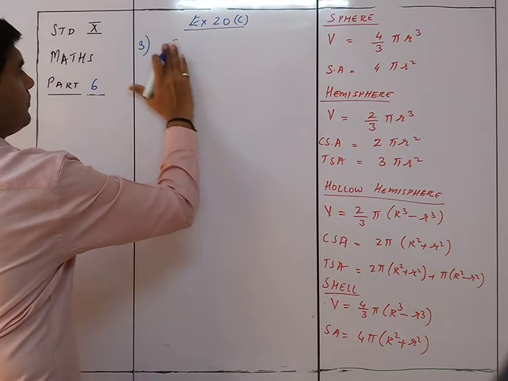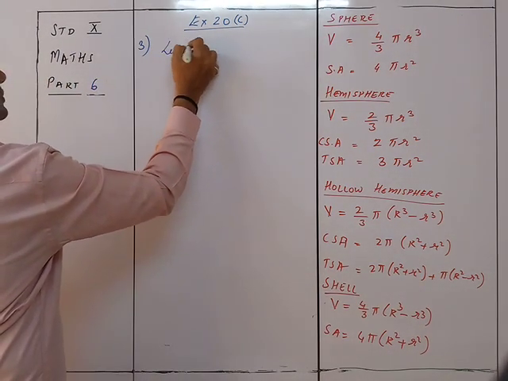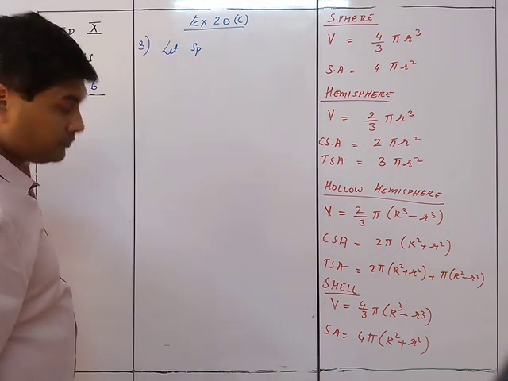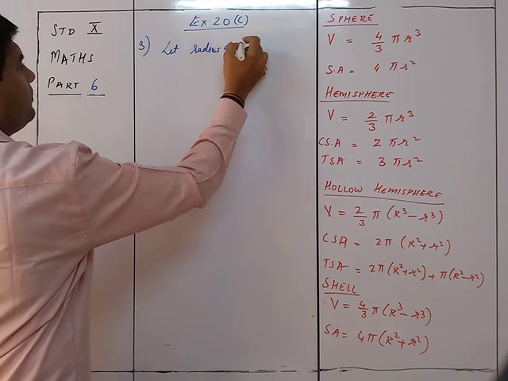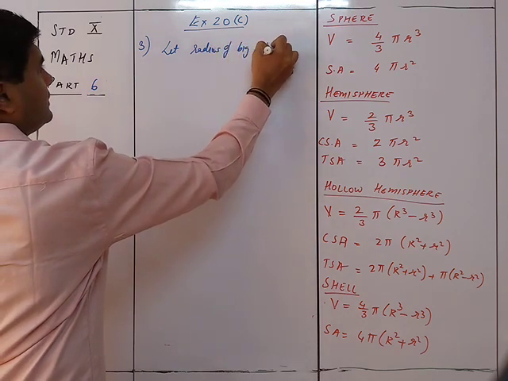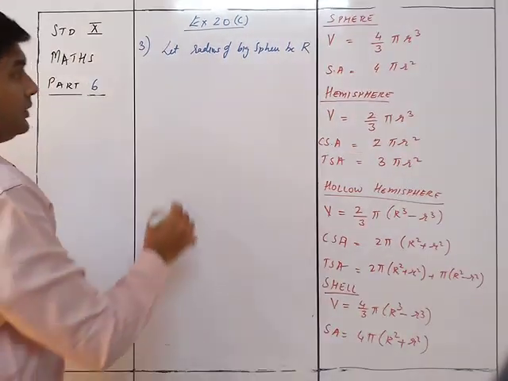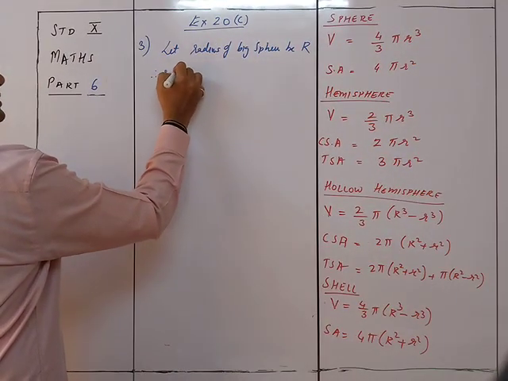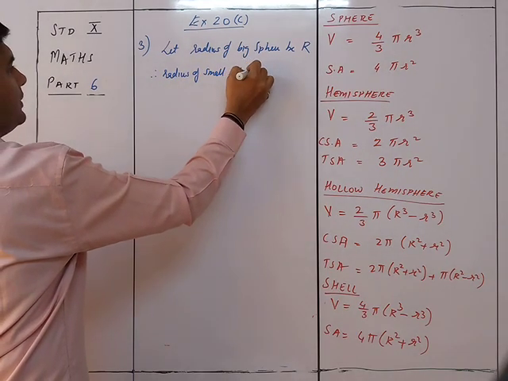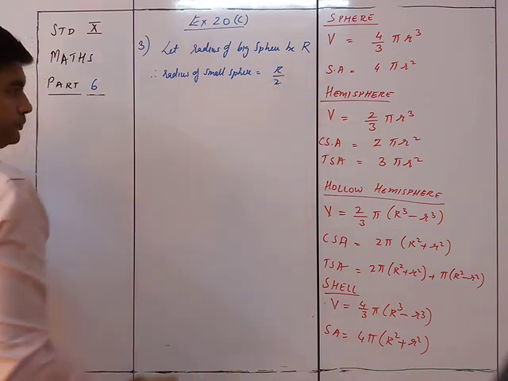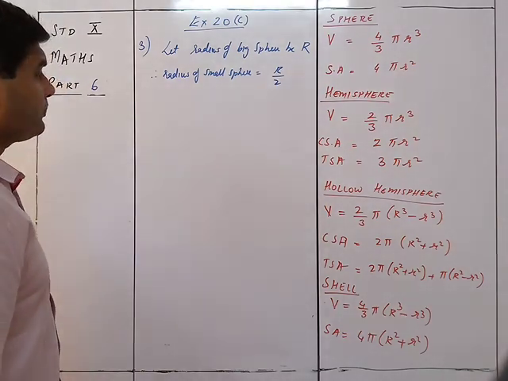So let the radius of the big sphere be r. Therefore, the radius of the small sphere is r upon 2, half of the first one.